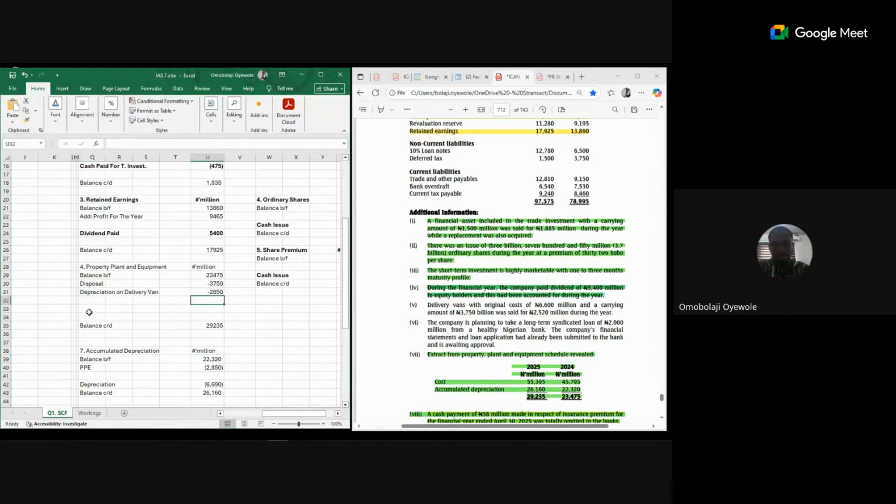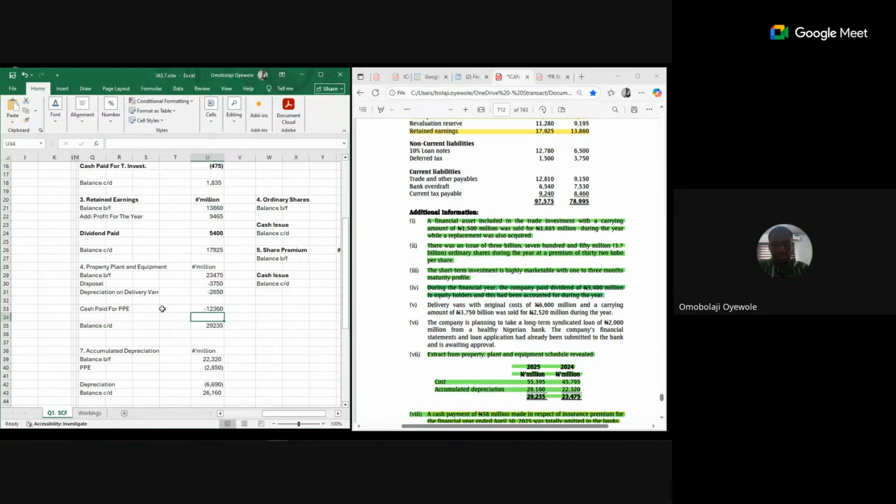So let's check this PPE now. Let's find the amount of cash paid for PPE. So let's go: 23,475 minus 3,750 minus 2,850, then minus 29,235.